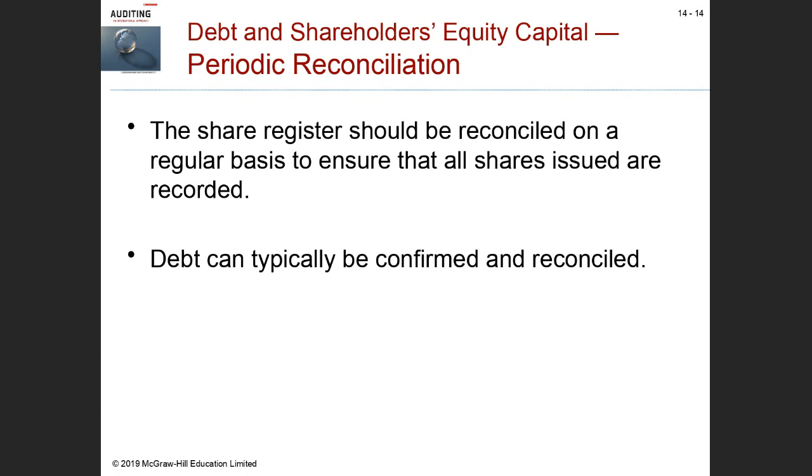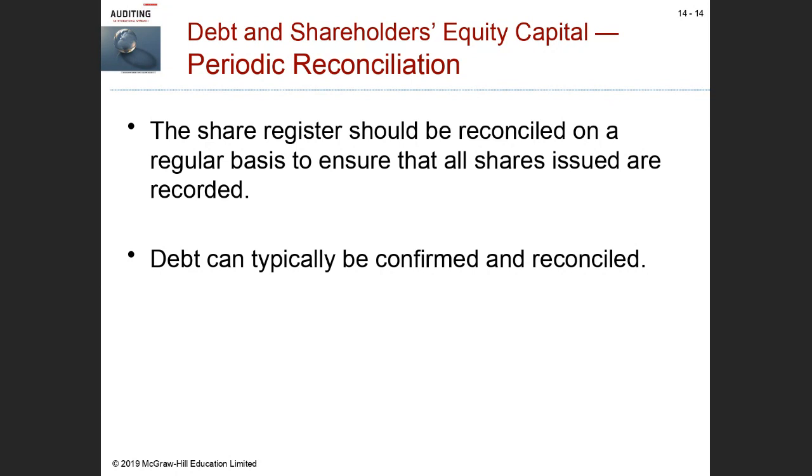investment and finance transactions. Long-term debt can actually be confirmed with outsiders, because we have borrowed money. So a letter can be sent to the company we borrowed the money from and just ask them, how much do we owe you?